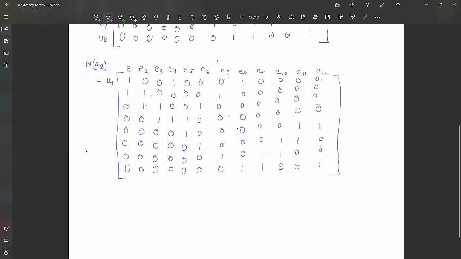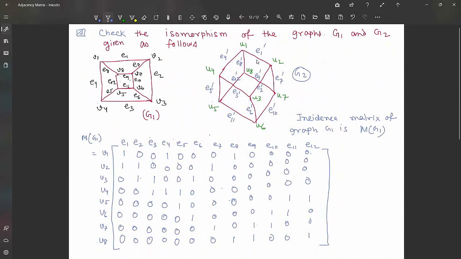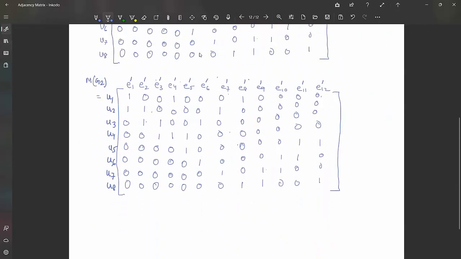This will be U1, U2, U3, U4, U5, U6, U7 and U8, and corresponding to these will be the prime values, E3 prime, E4 prime. Just verify this graph, and obviously you will get the same incident matrix, because we define the isomorphism or the mapping by preserving the edge relation.